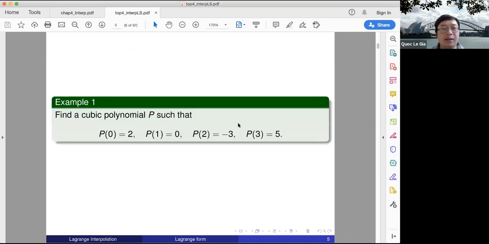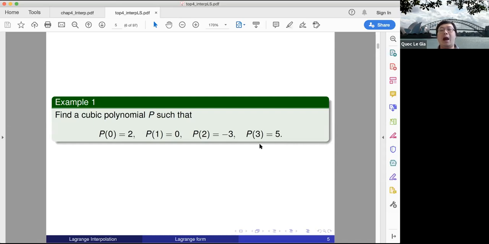Take a simple example. Suppose you want to find a cubic polynomial P that goes through 4 points. How do you do that? What is the form of the cubic? The cubic is just a polynomial of degree 3.